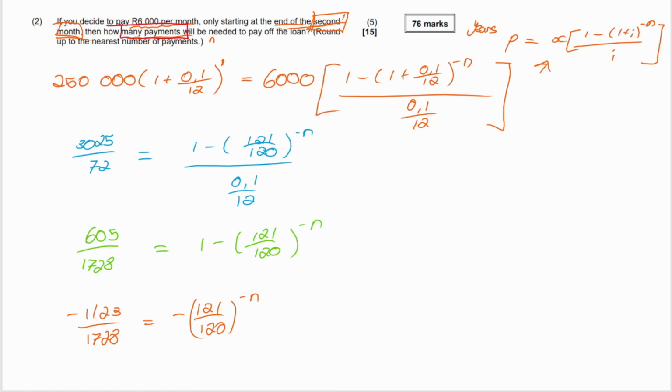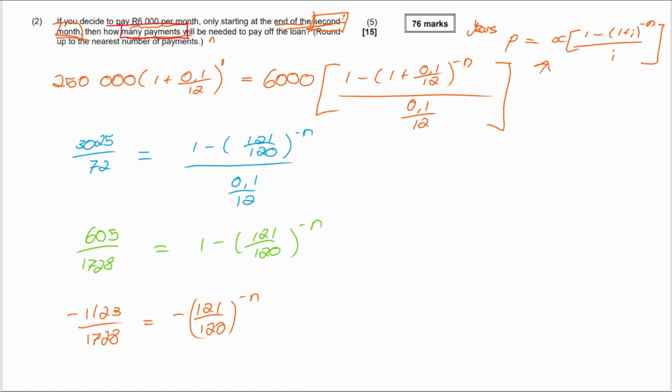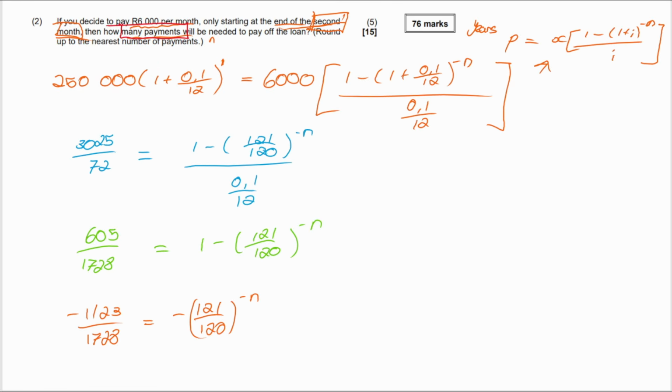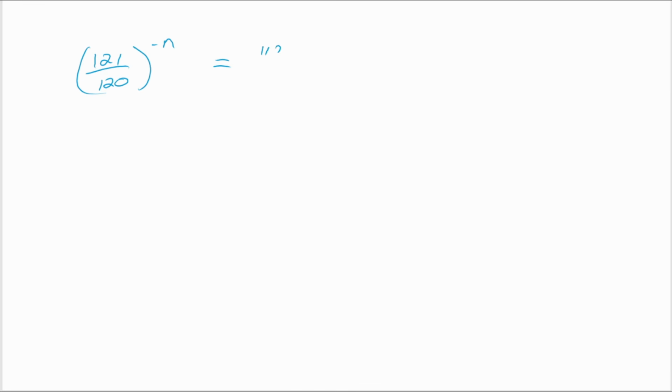Okay, so let's move over to a new slide. I'm going to divide both sides by a negative, so I basically just get rid of that negative. So I have 121 over 120 to the power of negative n is equal to 1123 over 1728. Now I'm going to have to use my log laws.